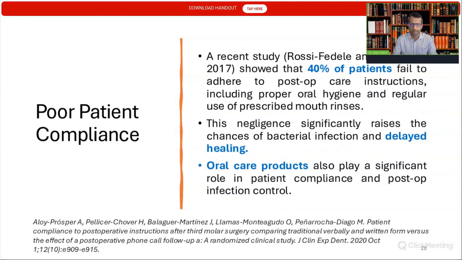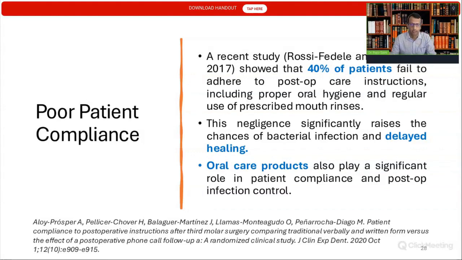The surgical site is not calm, the healing tissues get irritated, and as a response, they start avoiding using the mouth rinses. And what happens? The pathogenic microbiota increases in number, and then invades the surgical site and increases the chances of post-op infections.